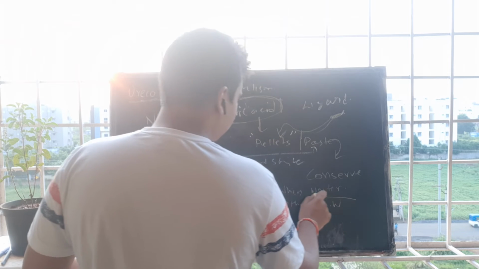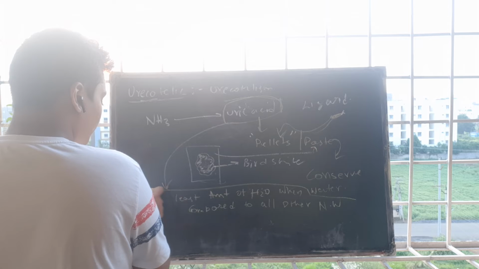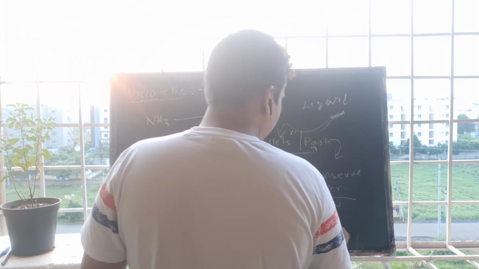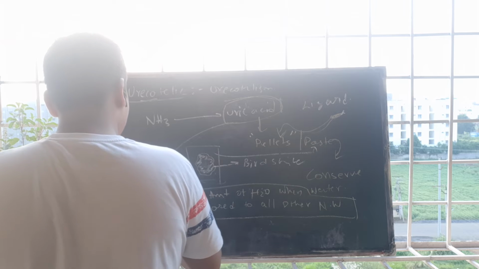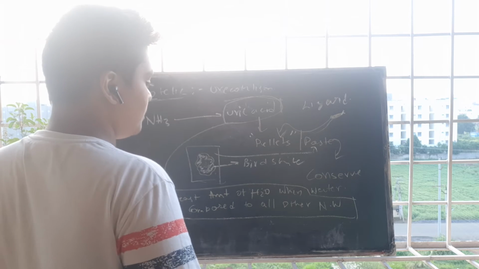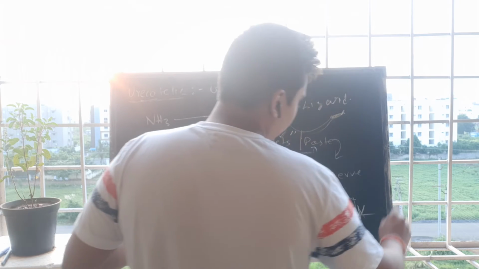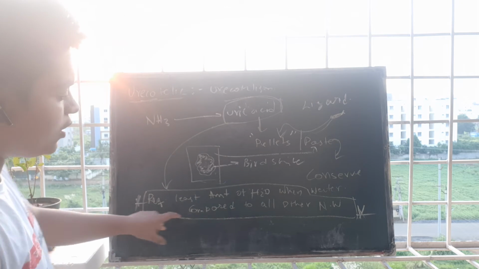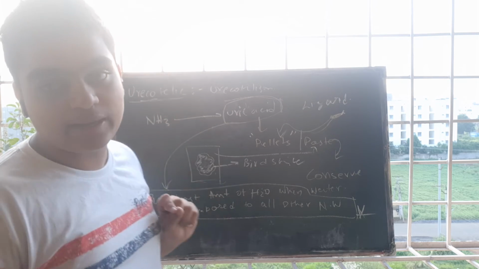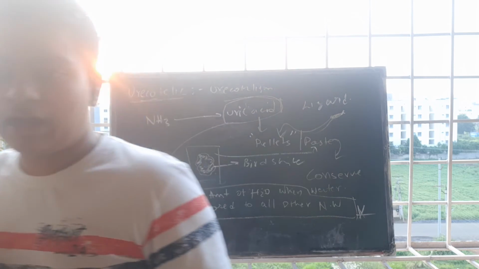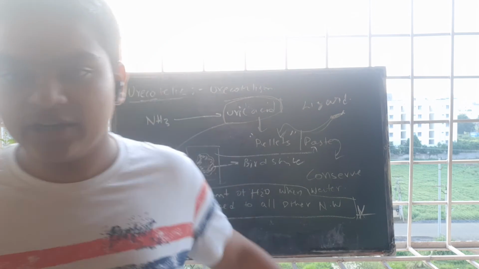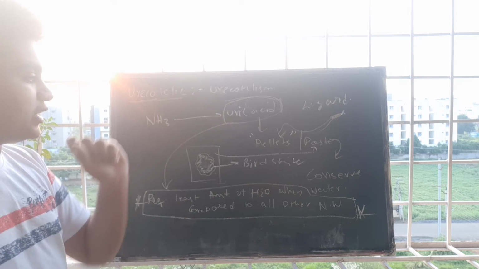NW means nitrogenous waste. You have to write this very important point. Please jot it down and also note it down in your mind. Okay, clear? I have already explained the meaning of that point. The point is very clear.